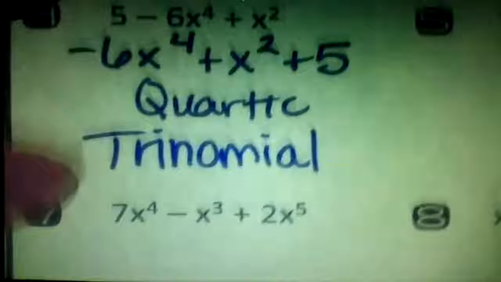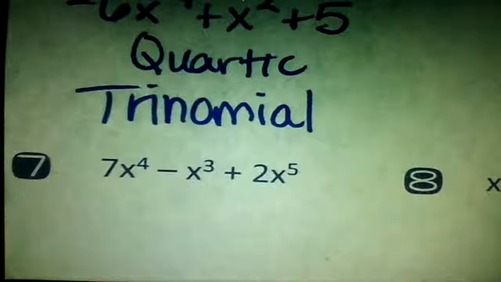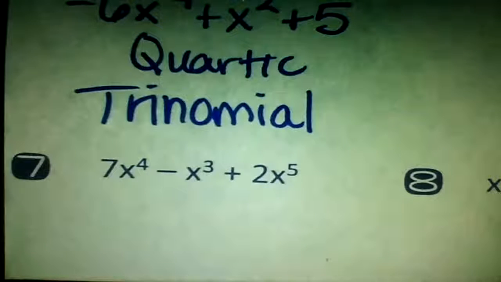Okay, so that is going to be the one that is going to be the hardest for you. I always struggled with this too. I thought quadratic, quad, four. Quad has four wheels. So why is that not x to the fourth? So that's going to be the hardest one to remember. Quadratic is x squared. Quartic is x to the fourth.